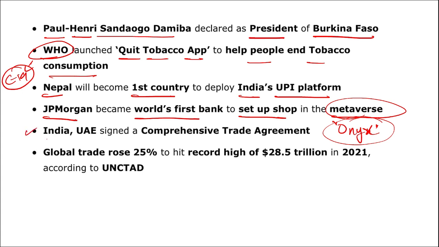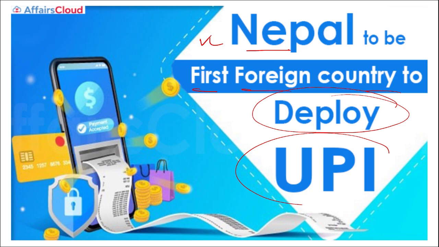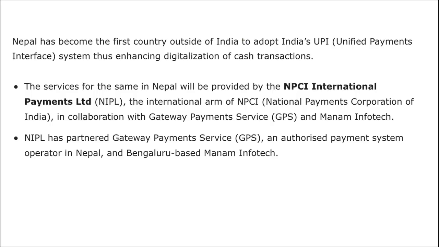Alright, next is United Arab Emirates and India signed a comprehensive trade agreement. The global trade rose by 25% according to the report of UNCTAD, and the amount will be $28.5 trillion. Next, we saw here that Nepal has recently become the first foreign country to deploy India's UPI, that is Unified Payment Interface.